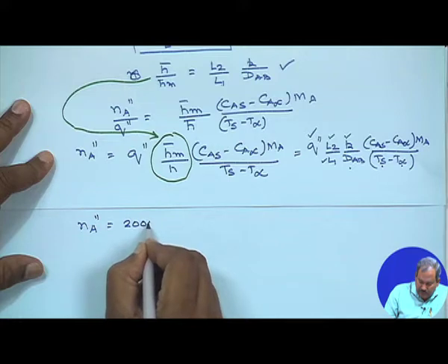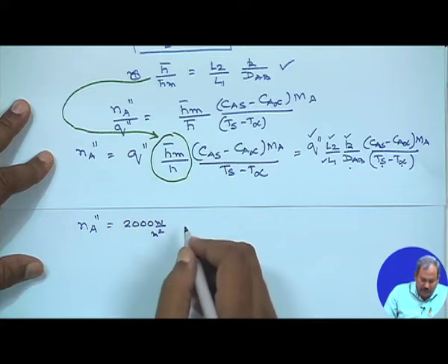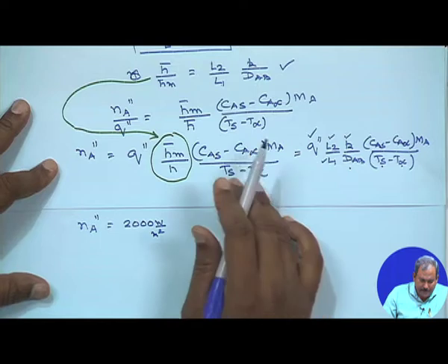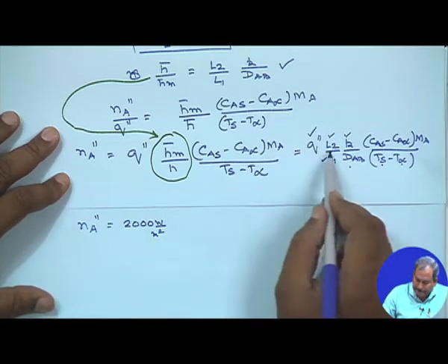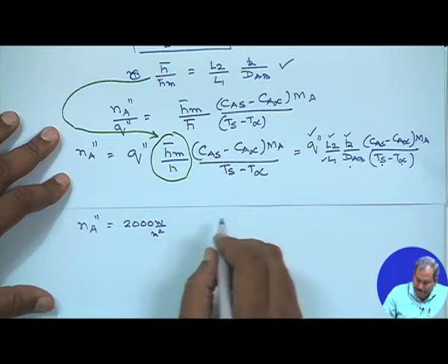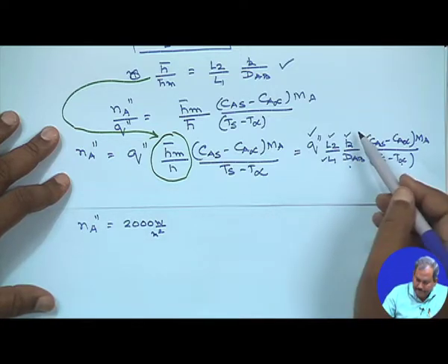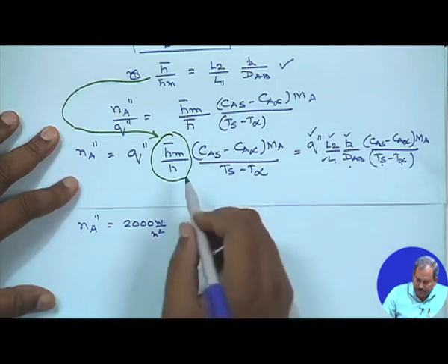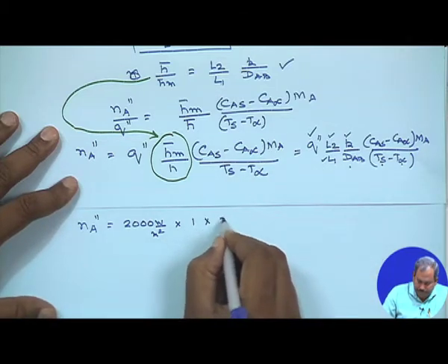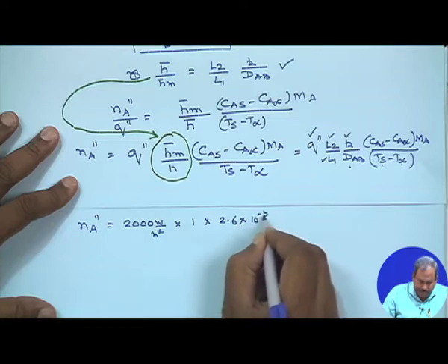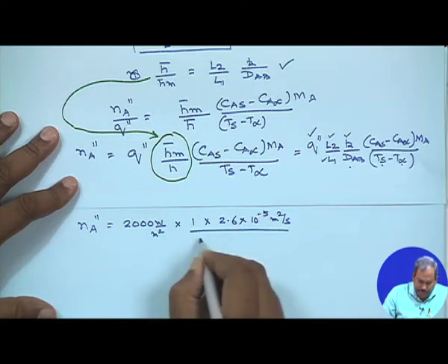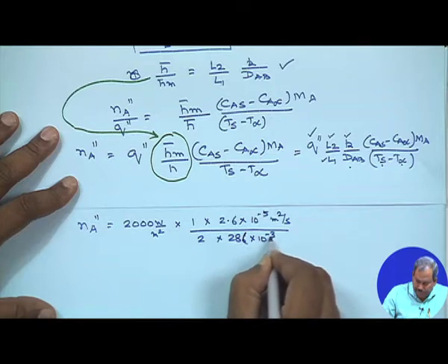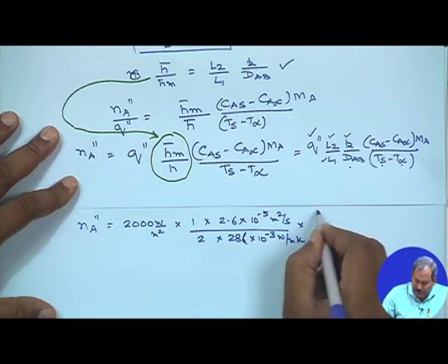This Q double prime is 2000 watt per meter square, this H bar m, L2, L1. You put all the values in here that you have calculated.